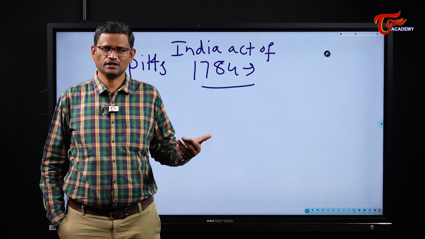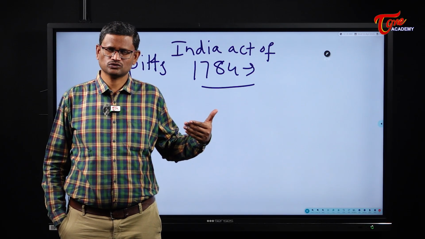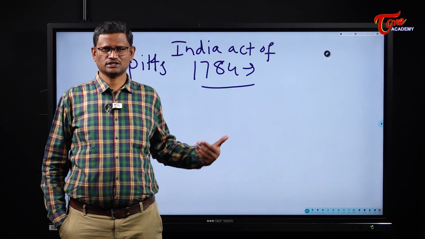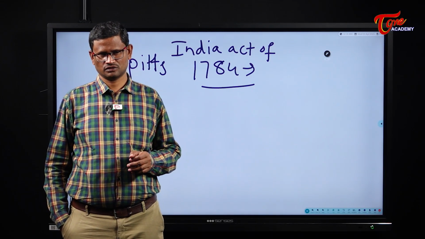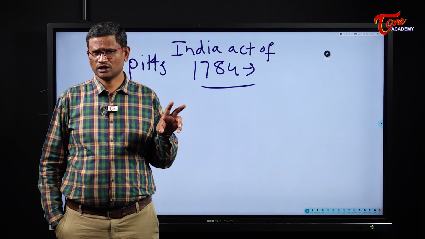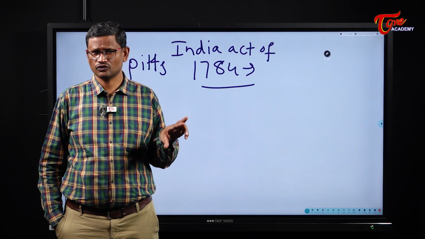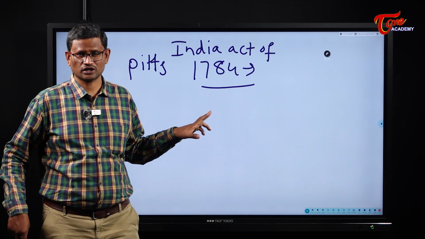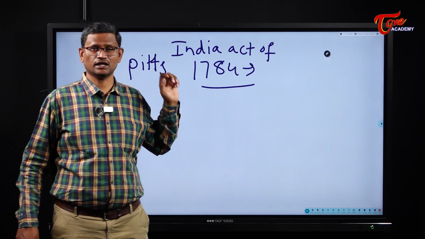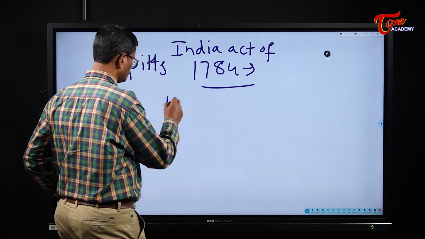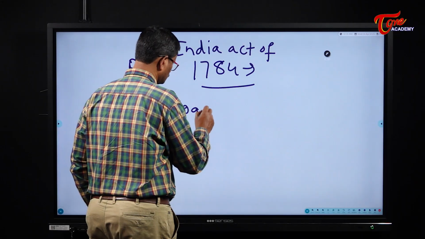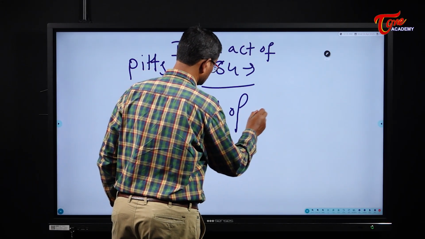So the name is taken by this legislation, Pitt's India Act of 1784. The most important provision of the Pitt's India Act of 1784 is that it provided for the establishment of a new body in London which is called the Board of Control.